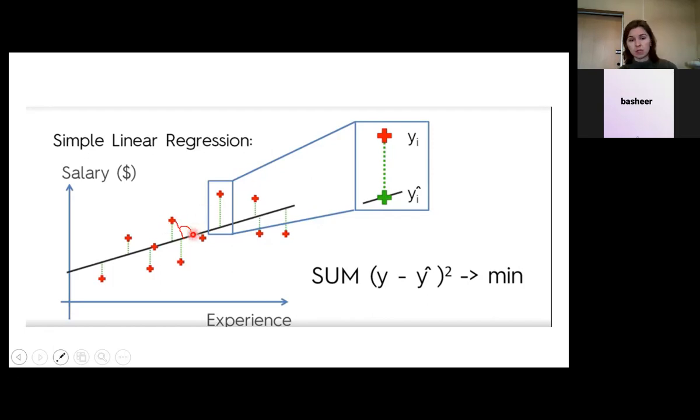The error is the distance between the real value and the predicted value, and we are trying to find the line which gives us the minimum value. You may see that the red one is the real value of your response or target in your data set, and the green cross is the predicted value, with the hat sign. I don't remember the correct name for this sign.